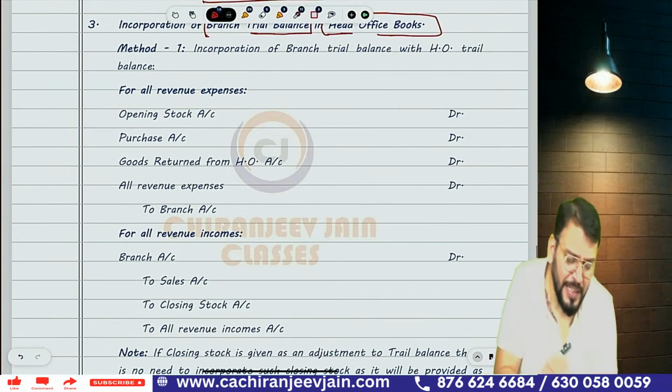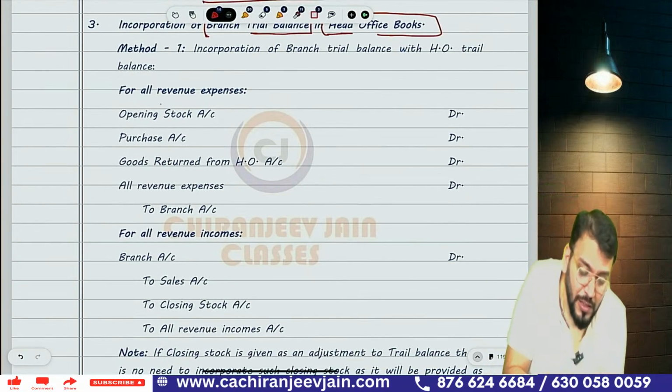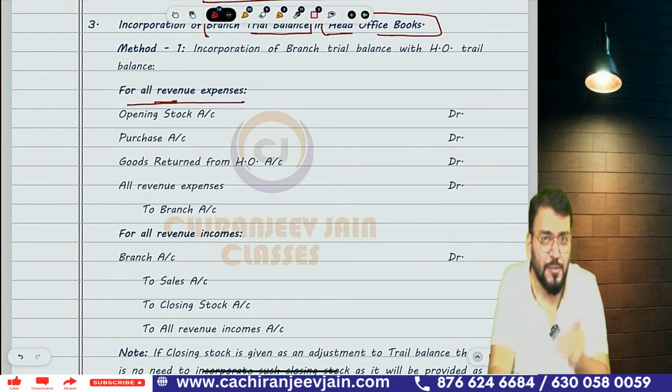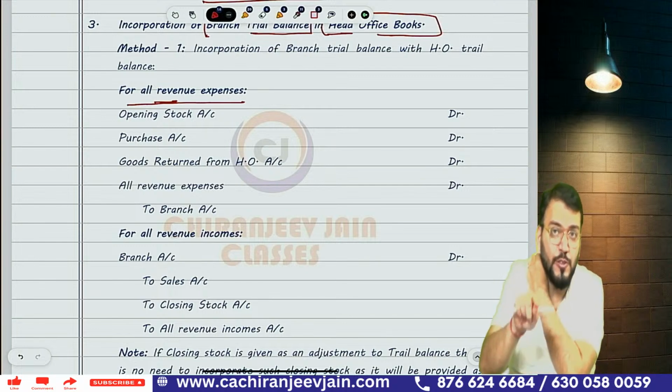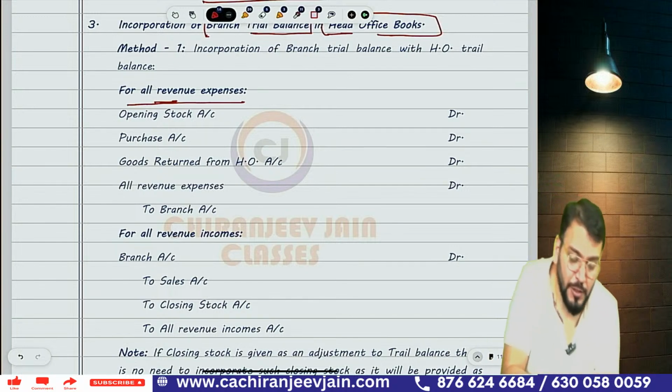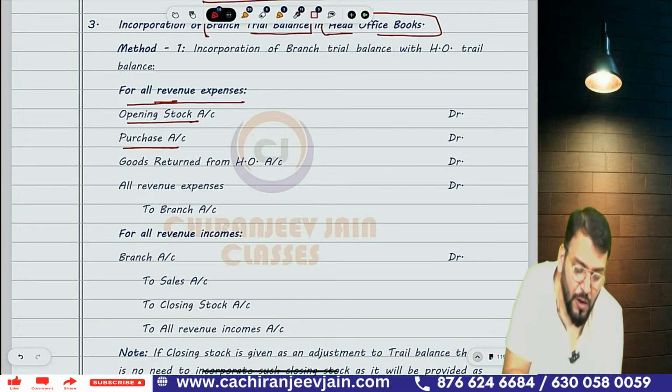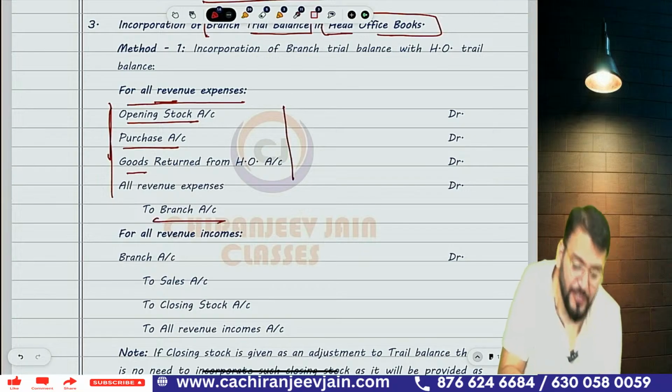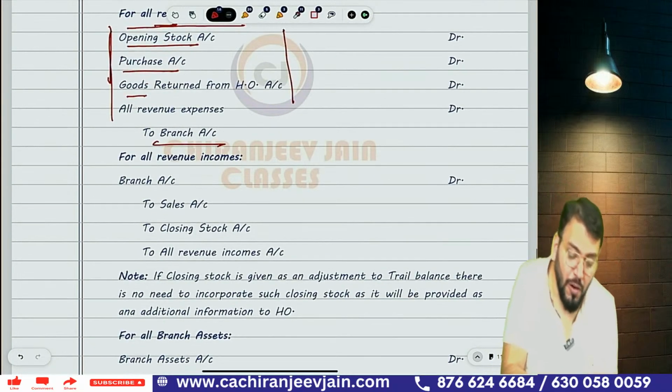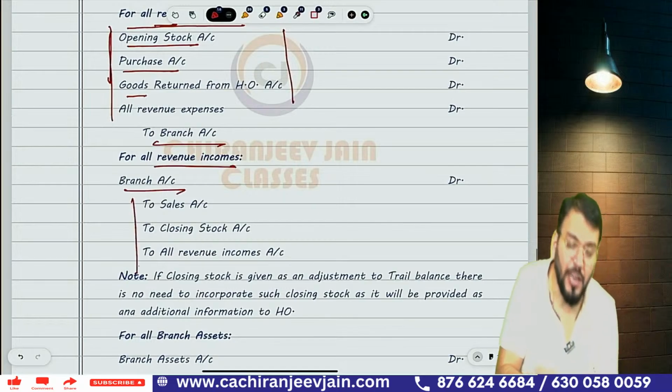Okay, the journal entry is very simple. For all the expenses given in the branch trial balance, what journal entry will we do in the head office books? All the expenses will be debited, meaning opening stock account, purchase account, goods, all the expenses whatever is given. Correct. All the expenses will be debited to branch account, and for all the income, branch account debit to all income.